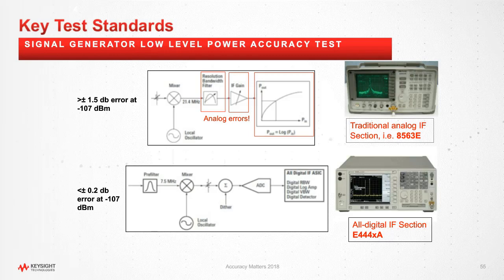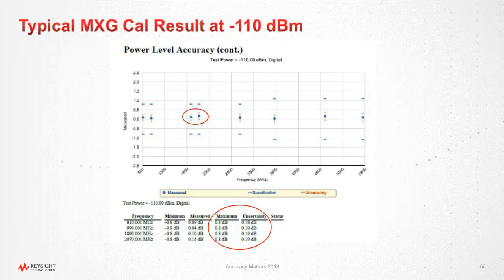If the spec of a signal generator like that is plus or minus 0.8, and you see the plus or minus 0.2, how nice that is. You can be very confident that instrument is really in spec. Let me show you what it looks like for that older instrument.